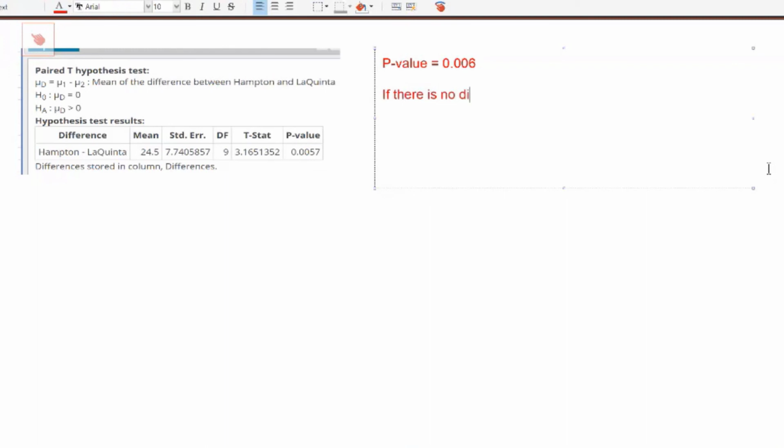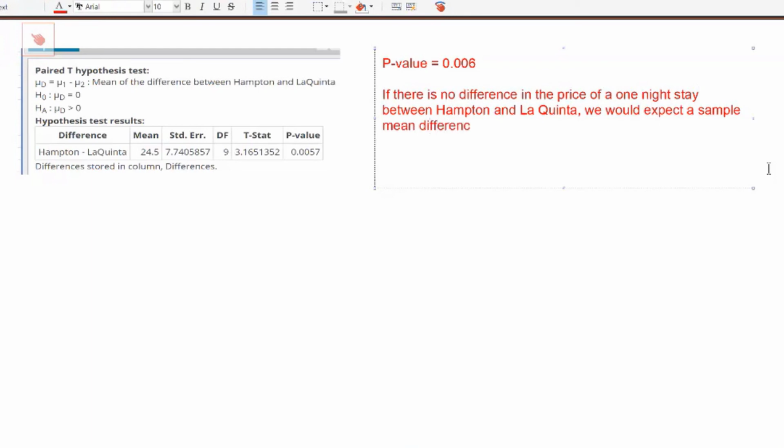If there is no difference in the price of a one-night stay between Hampton and La Quinta, we would expect a sample mean difference of $24.50 or higher, that's your sample statistic right there, in about 6 of every 1,000 repetitions of this study. That's the interpretation.